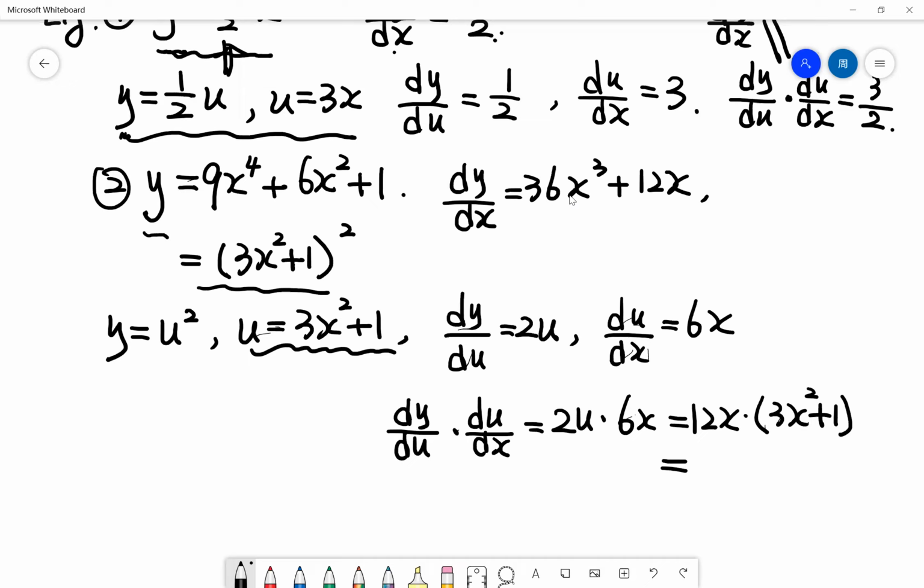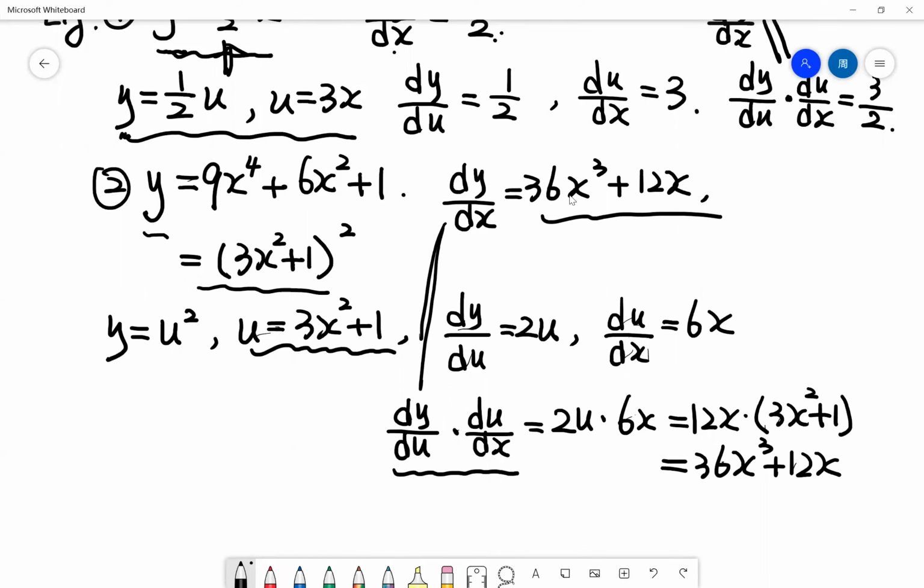So you can also get that dy by du times du by dx equals 36x cubed plus 12x. So you can see they have the same result, right?